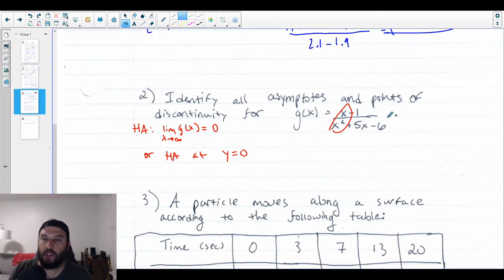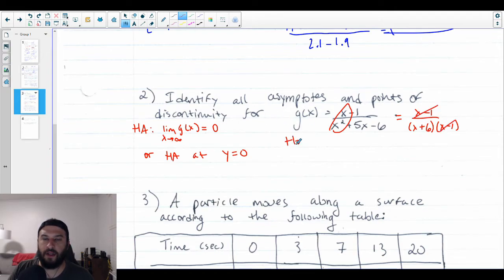Vertical asymptotes, let's factor. Let's see what cancels. And discontinuities. If we do vertical asymptotes, we should also look for holes. So this equals, let's see, x minus 1. Multiplies to negative 6, adds to 5. So we're going to say x plus 6, x minus 1. The x minus 1's cancel.